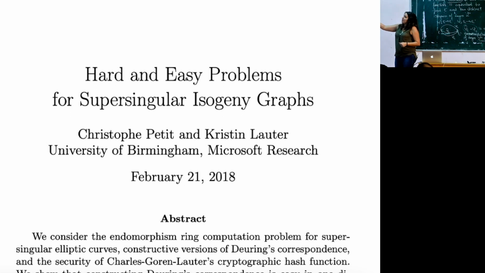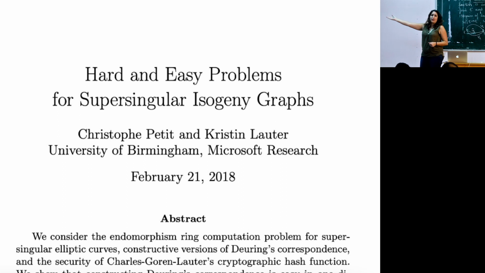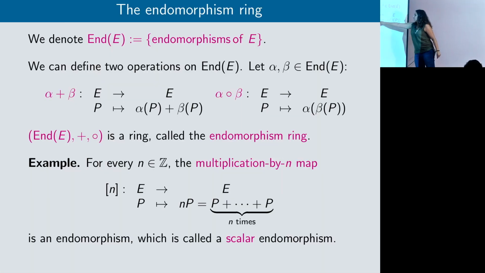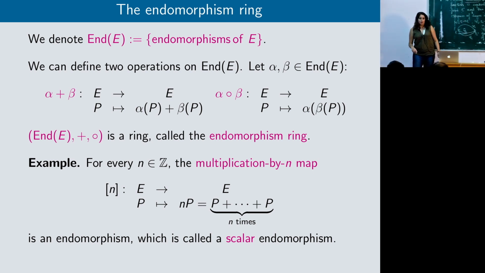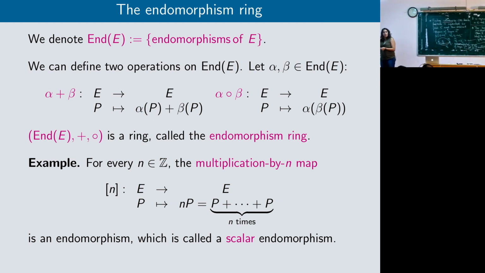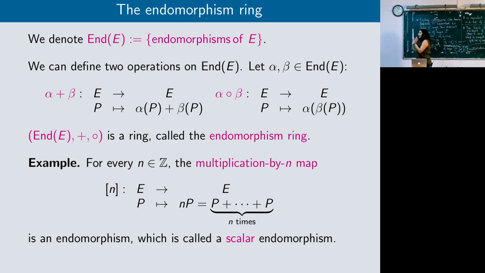What is nice about endomorphisms is that you can also compose them, because I can do alpha and then do beta. This composition sends the point P to alpha composed with beta of P. And you can prove that with respect to these two operations, this is actually a ring. It verifies all the properties, and we call it an endomorphism ring.